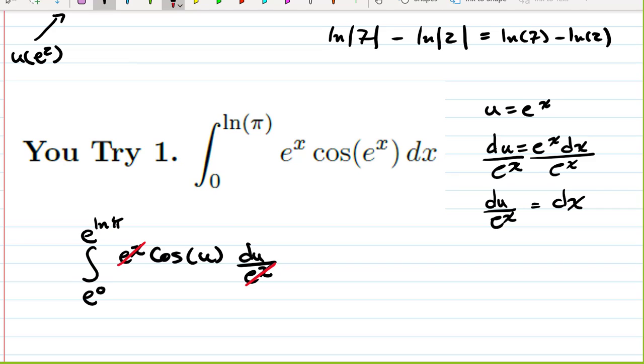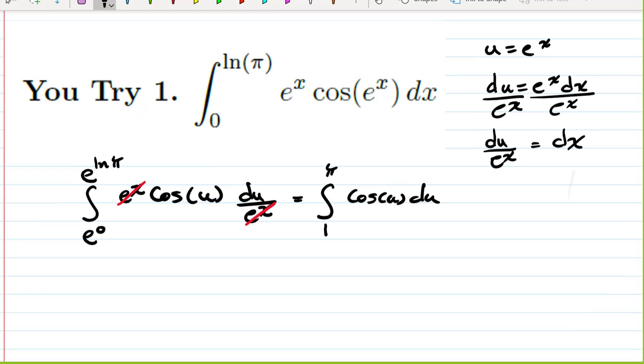Our e to the x's reduce out, and we get the integral. So e to the 0 is 1. The e and the natural log reduce out, and we get a pi. And we have cosine u du.